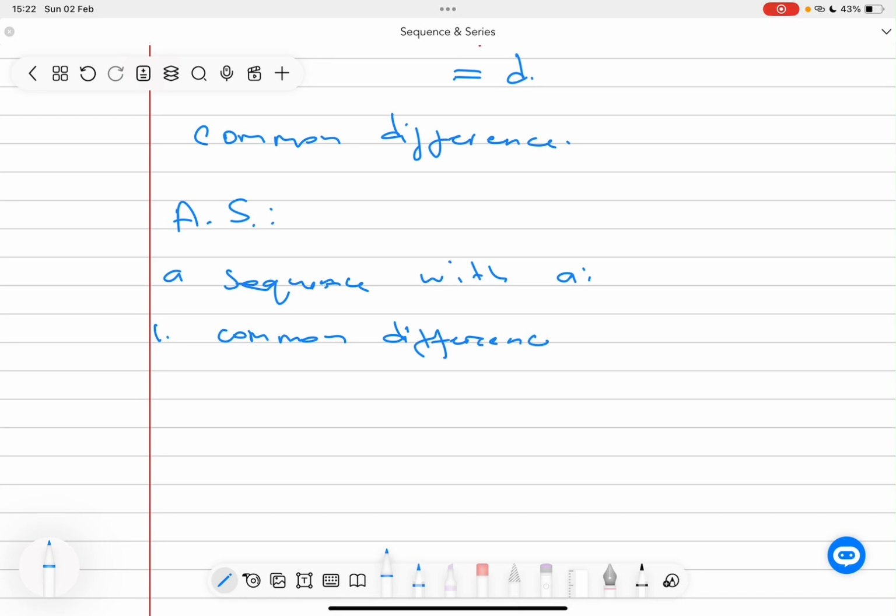And this common difference is defined as D because it's the number that we said is D. We're adding D, right? But in this case, it will be defined by Tn plus 1 minus Tn. What am I saying here? I'm saying that the common difference is defined by the next term minus the previous term.